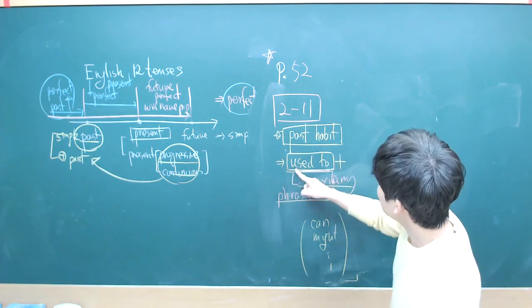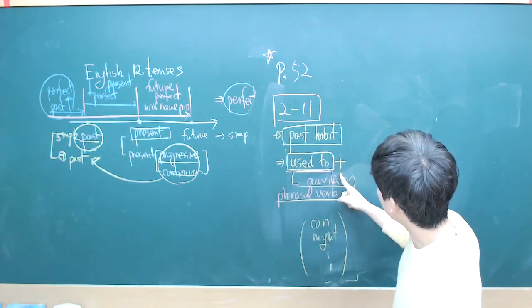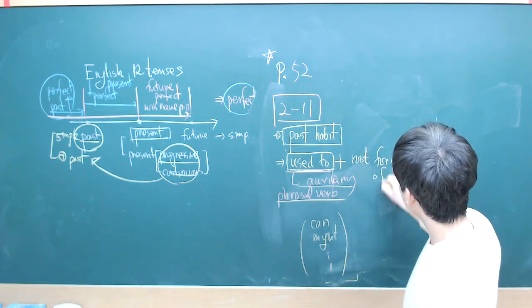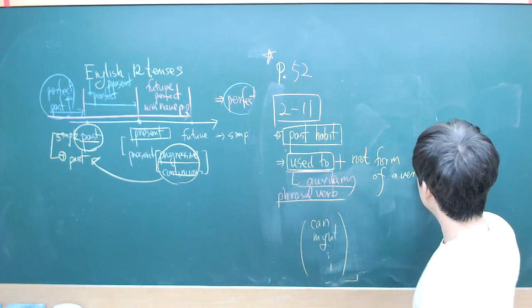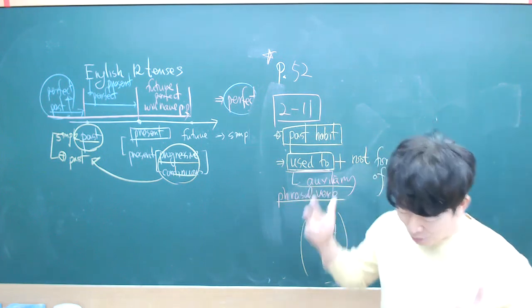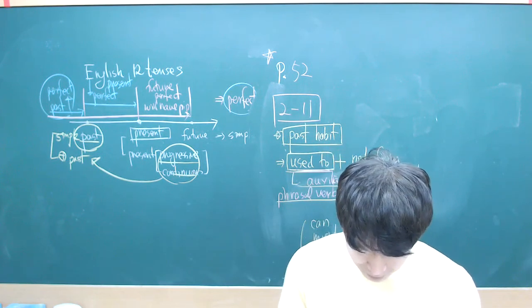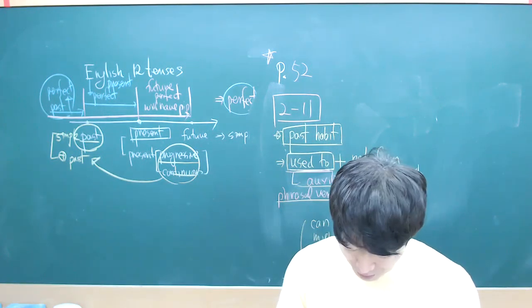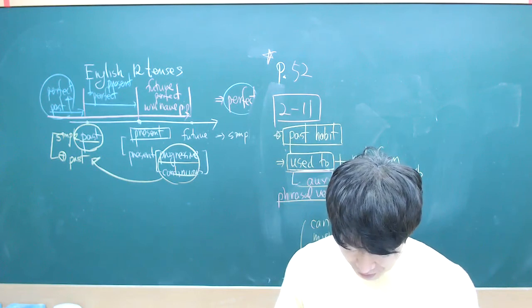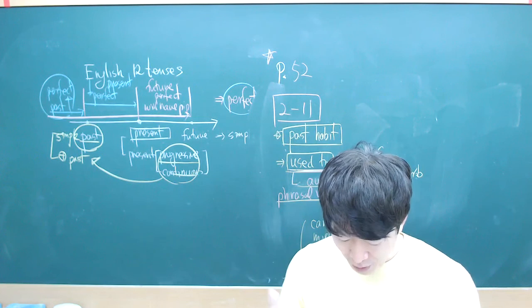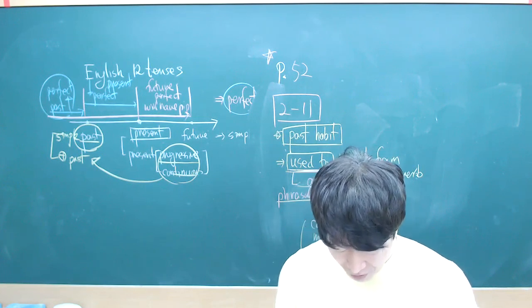So used to must be followed by a verb. That is why Alex used to live in Cairo, not living. The expression used to is not a verb, it is an auxiliary phrase. So you have to use a verb.